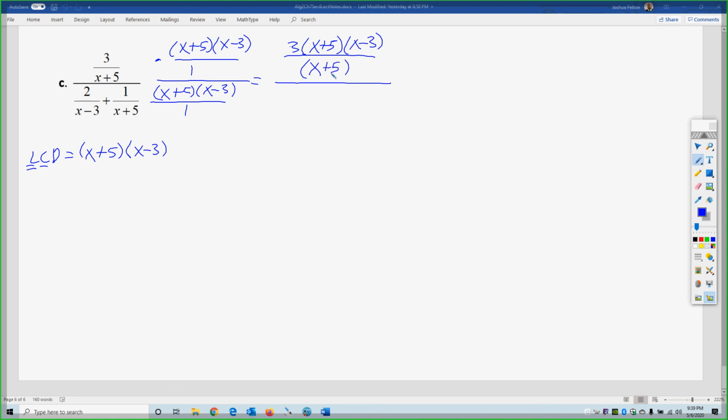Okay, and on the bottom, we have 2 times x plus 5, x minus 3, all over x minus 3, plus, right, so we have 2 terms here on the denominator, 1 times x plus 5, x minus 3, over 1 times x plus 5.